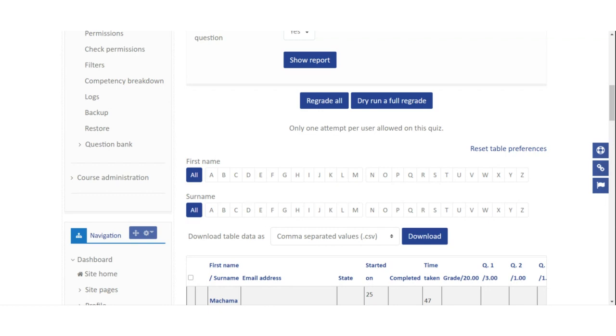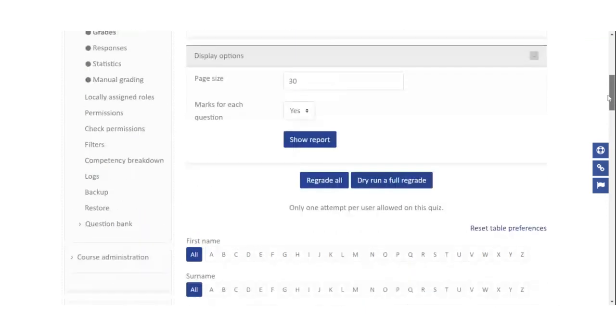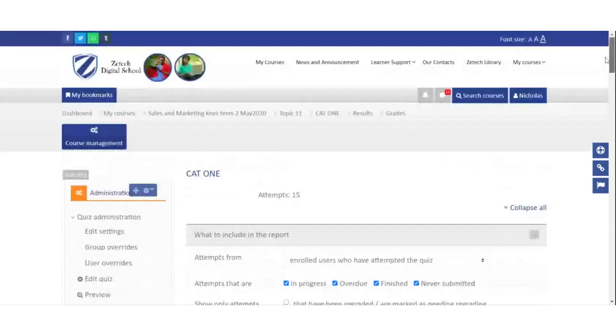So try to click and then you can tell me whether you can see result. So have you clicked on it?